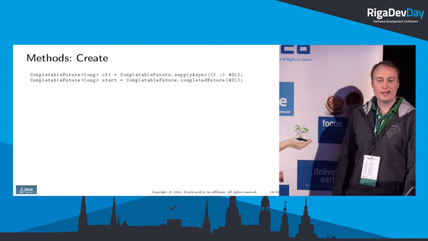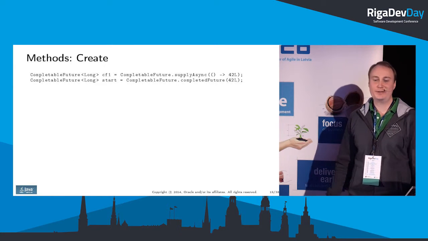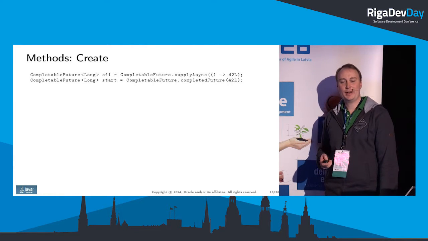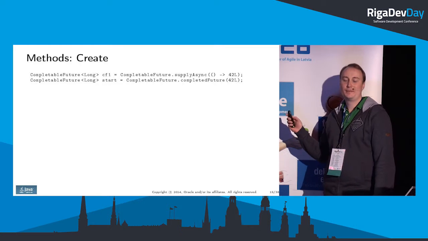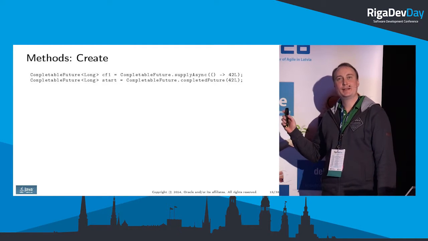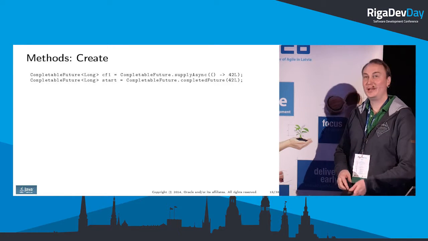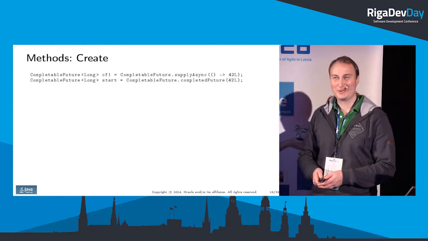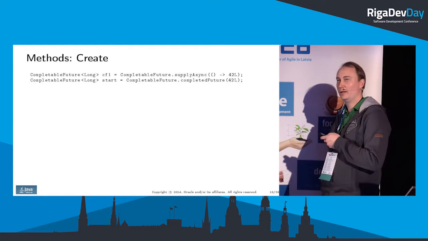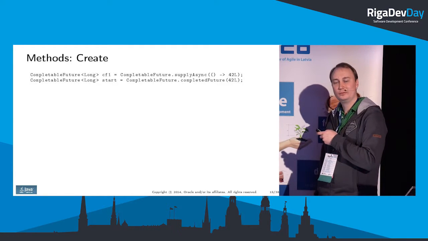Alright, let's call that methods. It's that simple. We can just create a completable future that will represent a task of calculating, very hard of course, 42 long value in a common pool.